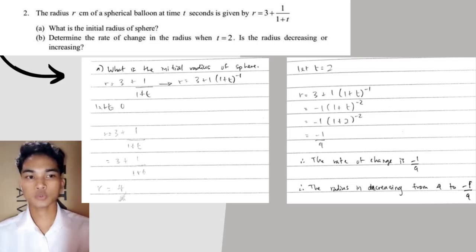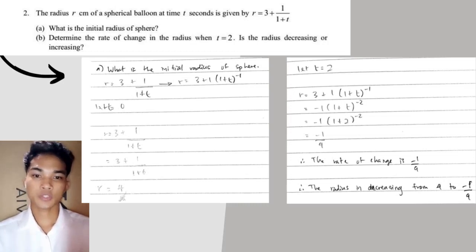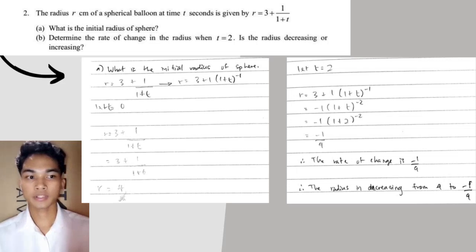It's given that t equals 2, and we have to find the rate of change in the radius, and whether the radius is decreasing or increasing. First, we write down the note that is given. Let t equal 2. Then we write down again the equation given from the question above. After that, we differentiate the equation. We will get minus 1 in parentheses 1 plus t, to the power of minus 2.